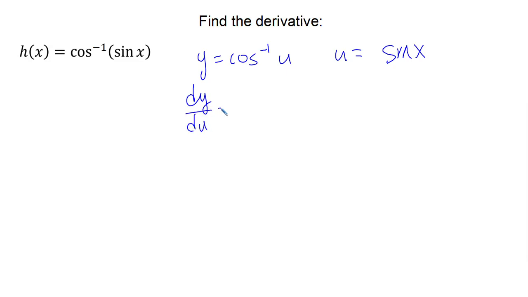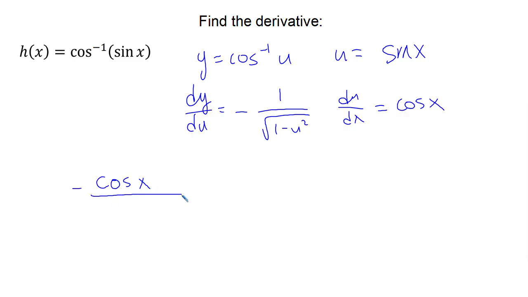I think we learned that they just differ by a negative sign. So this is negative 1 over root 1 minus u squared. And du/dx will just be cosine x. When we multiply these together, we end up with negative cosine x over the square root of 1 minus sine squared x as our dy/dx.